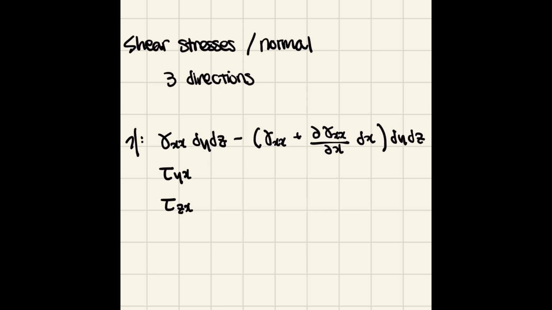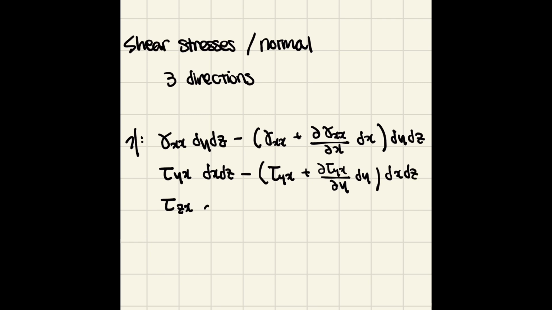So this one will be tau yx dx dz minus tau yx plus partial tau yx with respect to y dy dx dz.